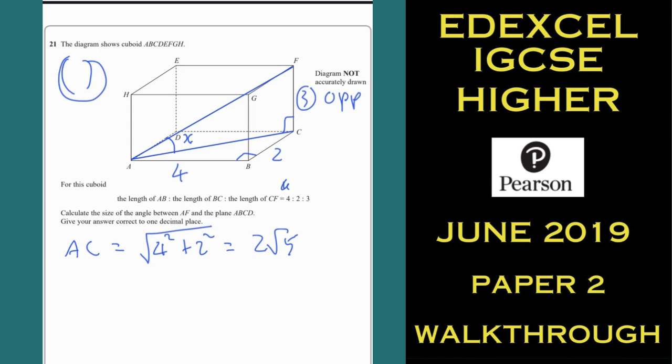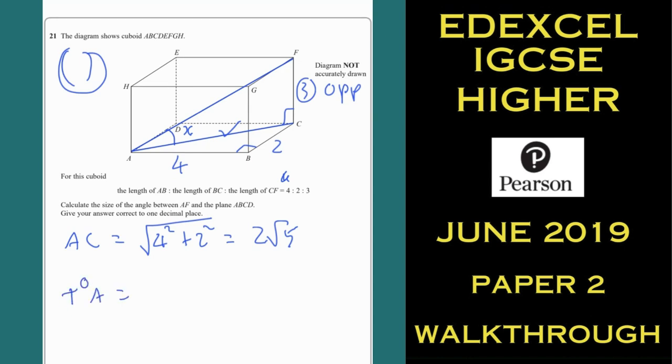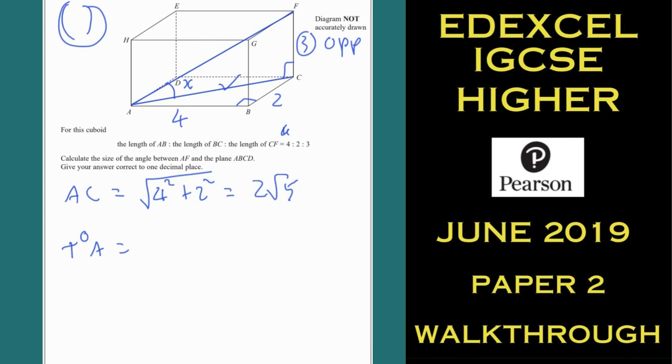But that now means we've got the opposite. We've got AC, which is the adjacent. Opposite and adjacent means you are working on a TOA question. We want the angle. Whenever you want an angle, it's shift inverse or second function, whatever your calc has on it, usually the top left button.